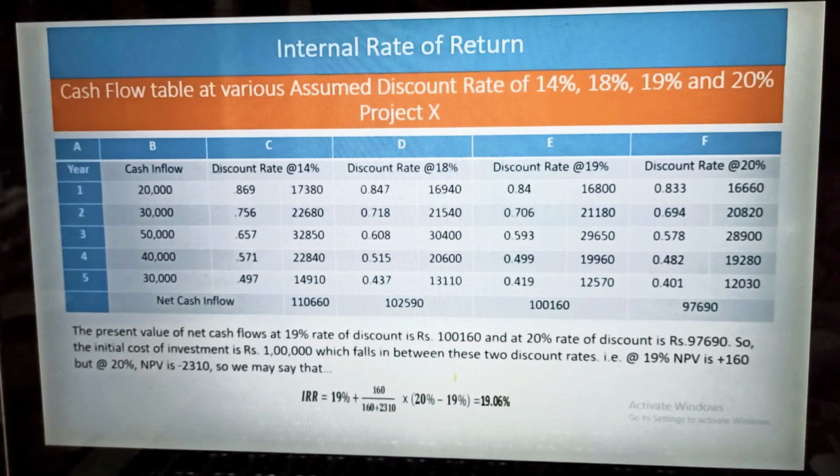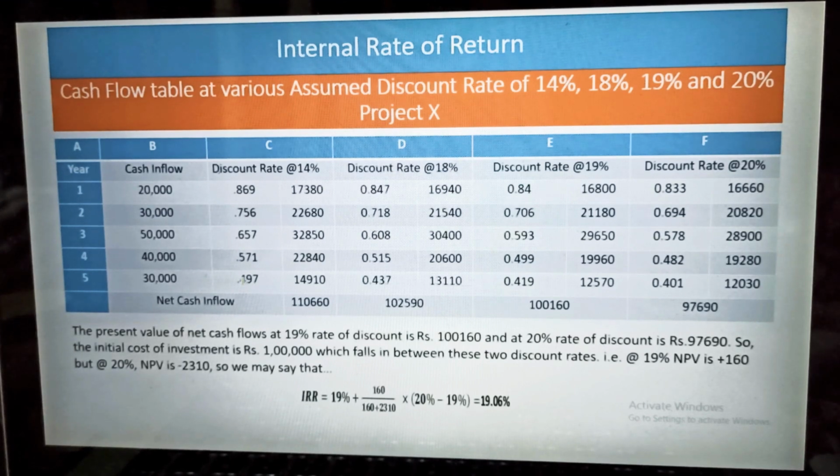Now when your annual cash inflow is not equal, how do you do it? You have to equate the net present value up to some point with the initial outlay. So you have to use the hit and trial method. Under the hit and trial method, your discount rate is not fixed or decided, so you have to choose some percentage which will equate your net present value.